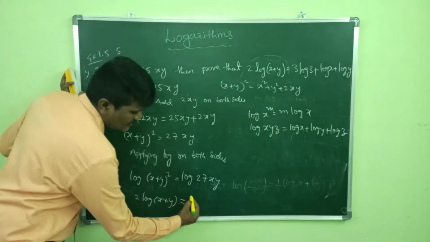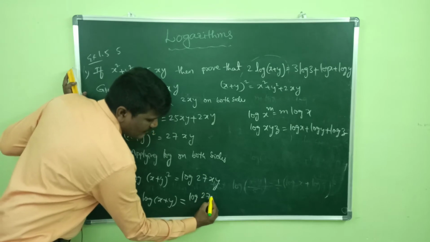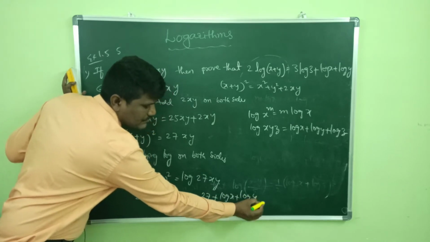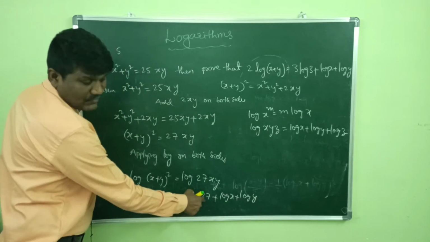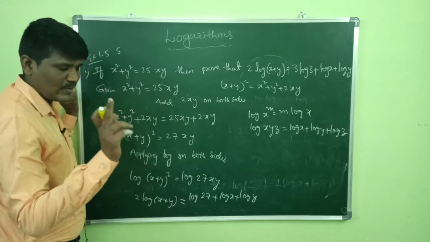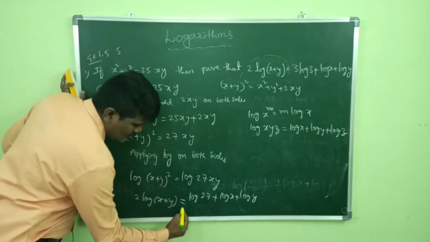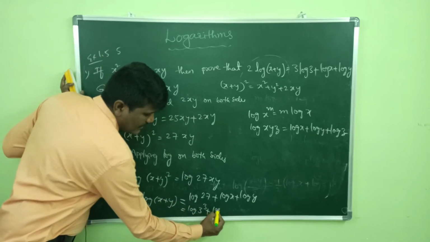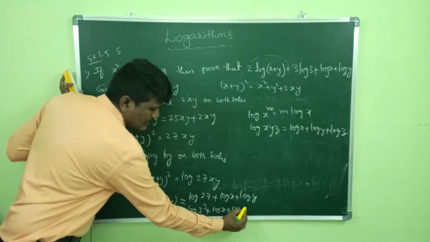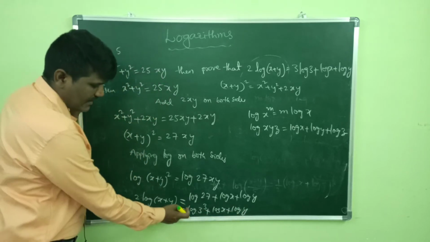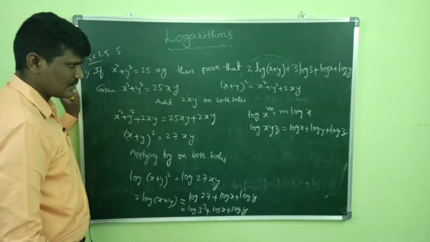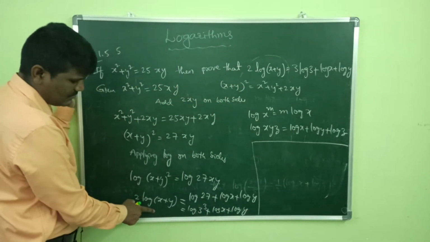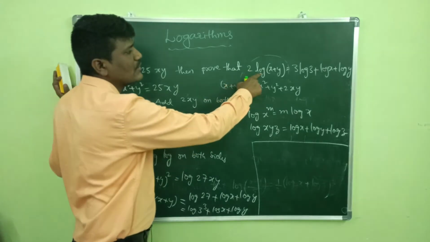So this I can write as log 27 plus log x plus log y. 27, what can I write? 3 cube. So log 3 cube plus log x plus log y. Again log 3 cube, what can I write? 3 log 3, right? So finally, from this step, the left hand side I already got 2 log of x plus y.